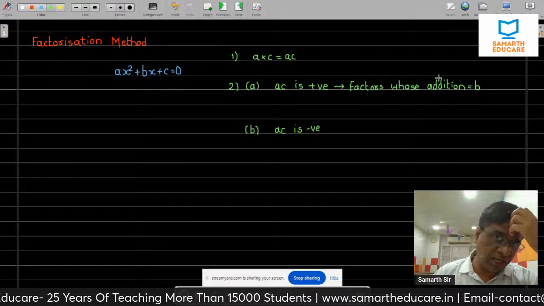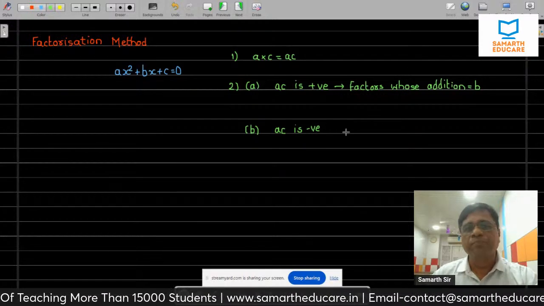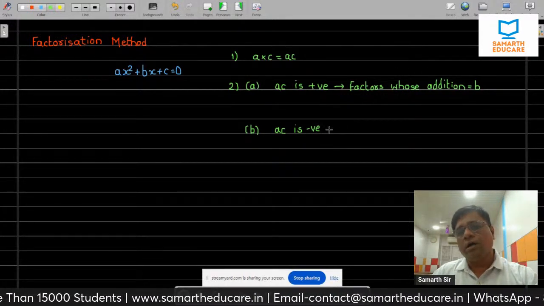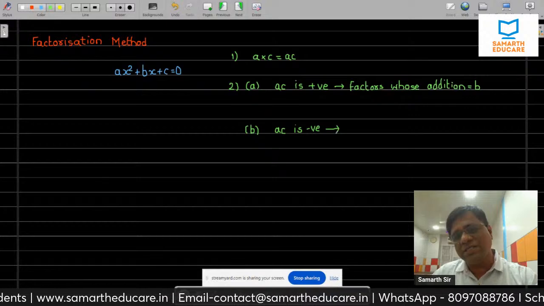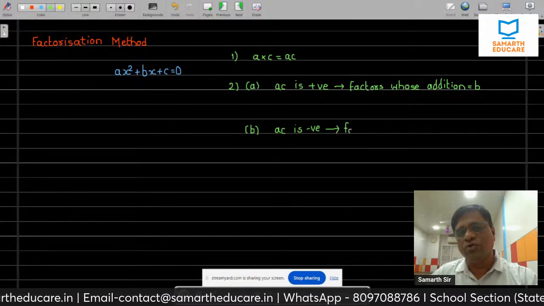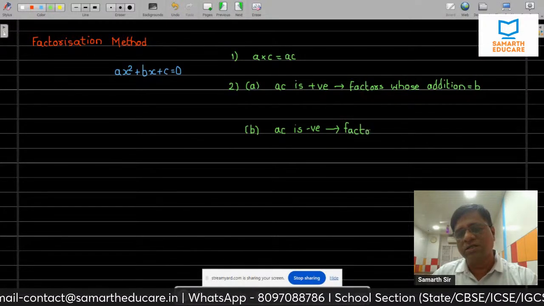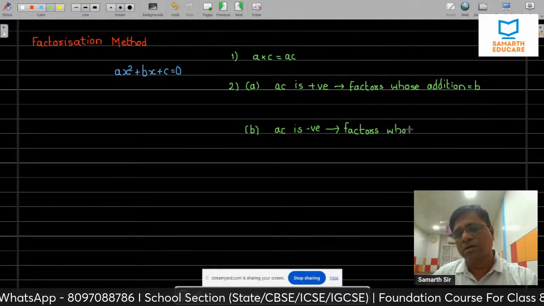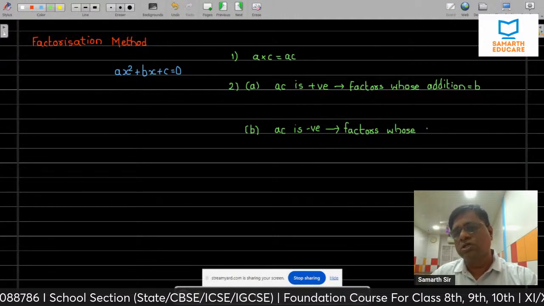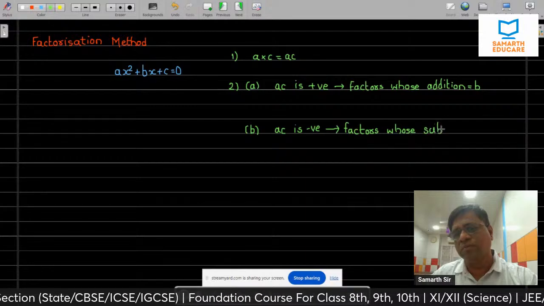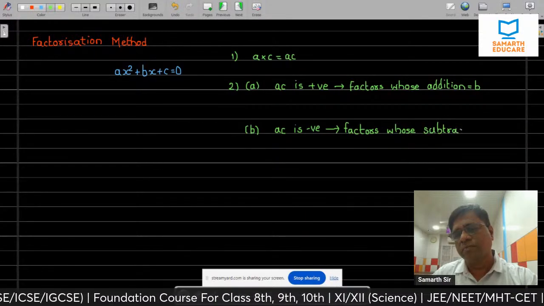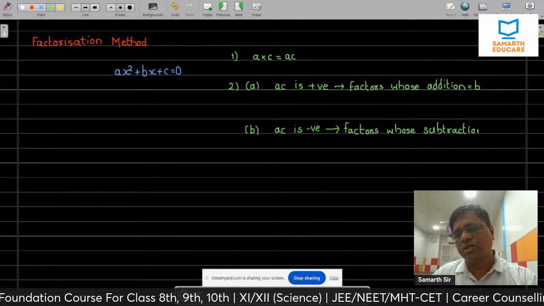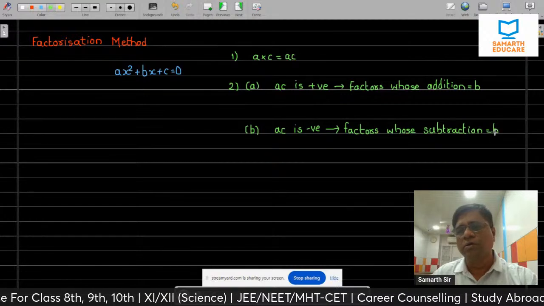So you find factors whose addition is equal to b, right? When ac is negative, then you will find out factors whose subtraction is b. Subtraction is equal to b, right?